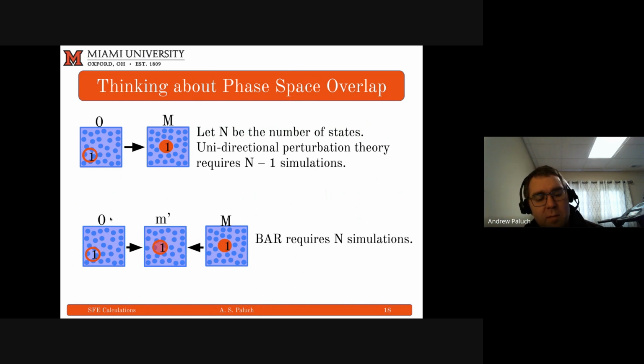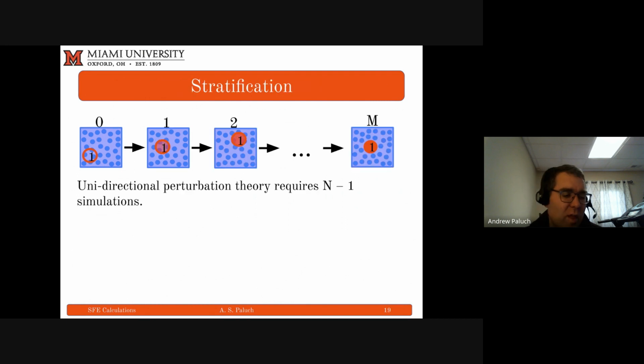So it doesn't matter which path I take to get from 0 to m; the value of m relative to 0 will be the same regardless of how I get there. So stratification just takes it to a whole new level. The idea is that I can add any number of intermediate states to go from state 0 to m.